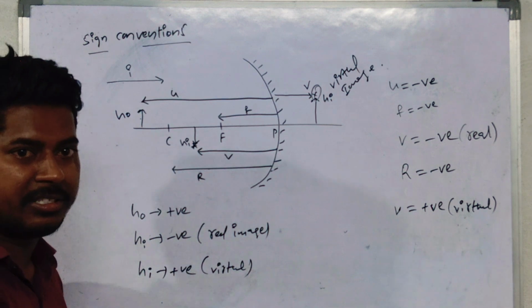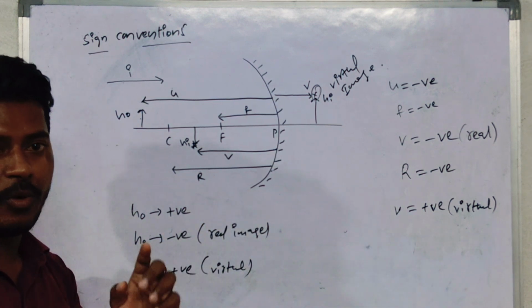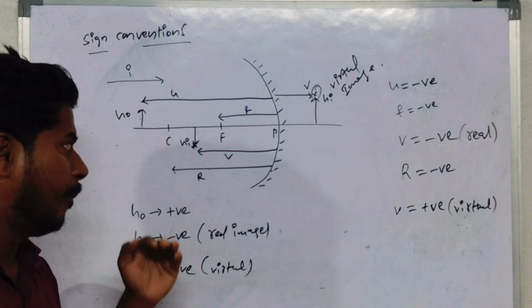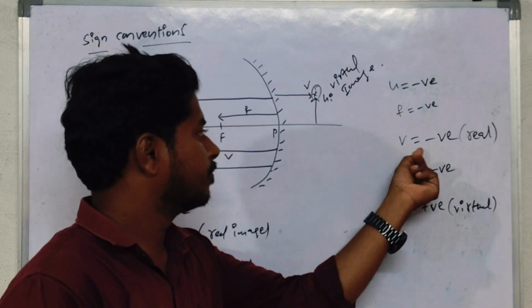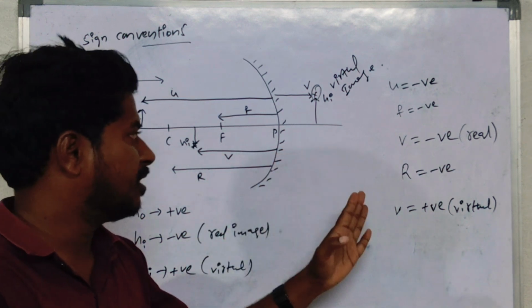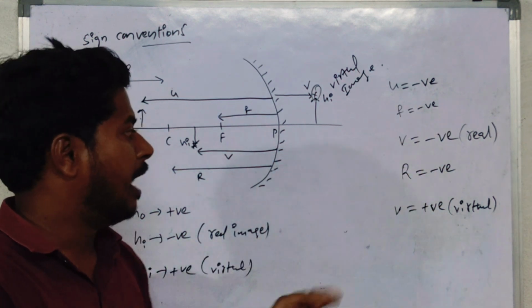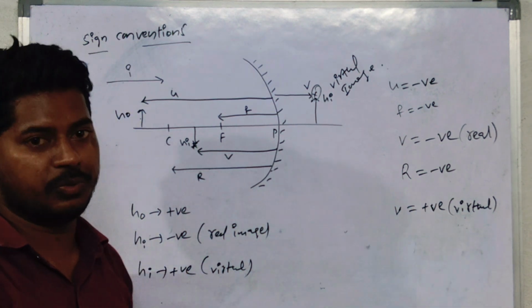Always real images are formed below the principal axis and always virtual images are formed above the principal axis. Come to the image distance: always real images are negative and always virtual images are positive.